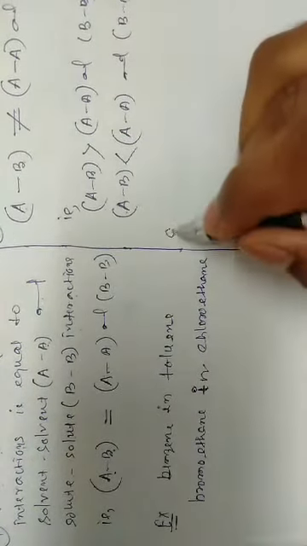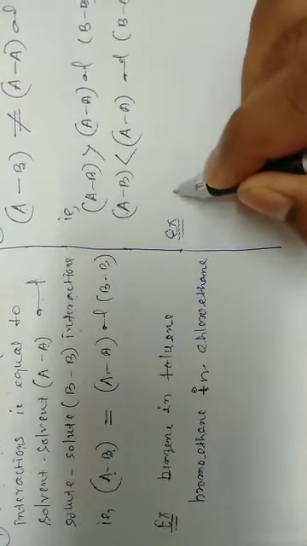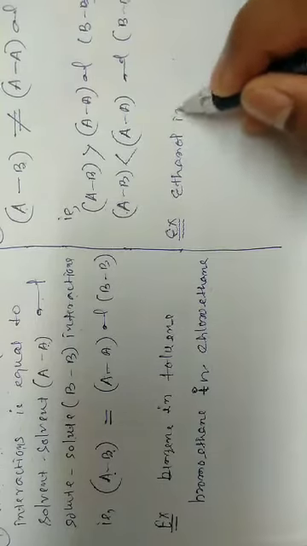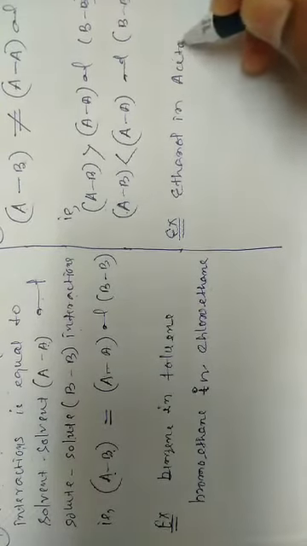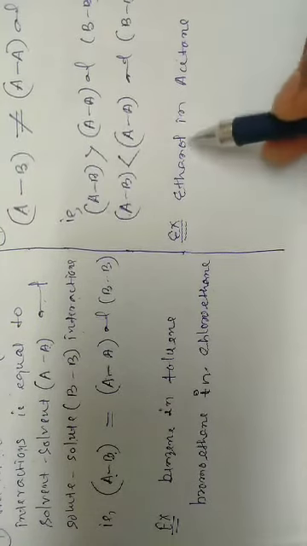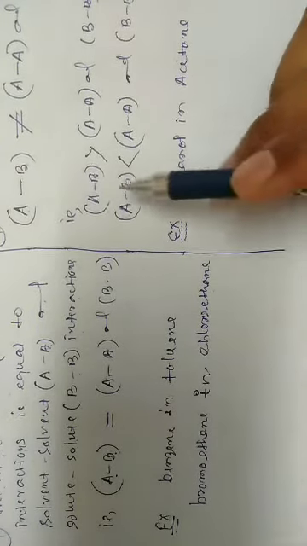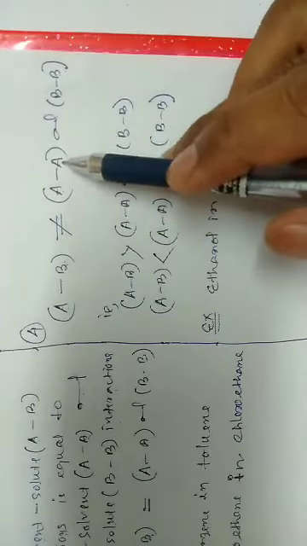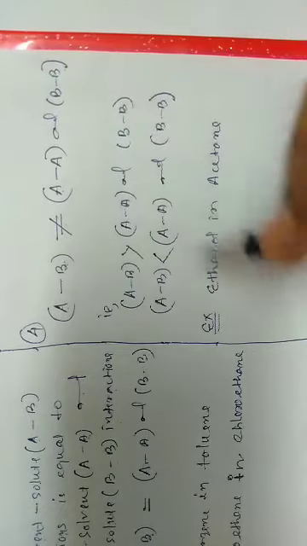But an example of a non-ideal solution is ethanol in acetone. In this type of solution, solvent-solute interaction is not equal to the solvent-solvent and solute-solute interaction.